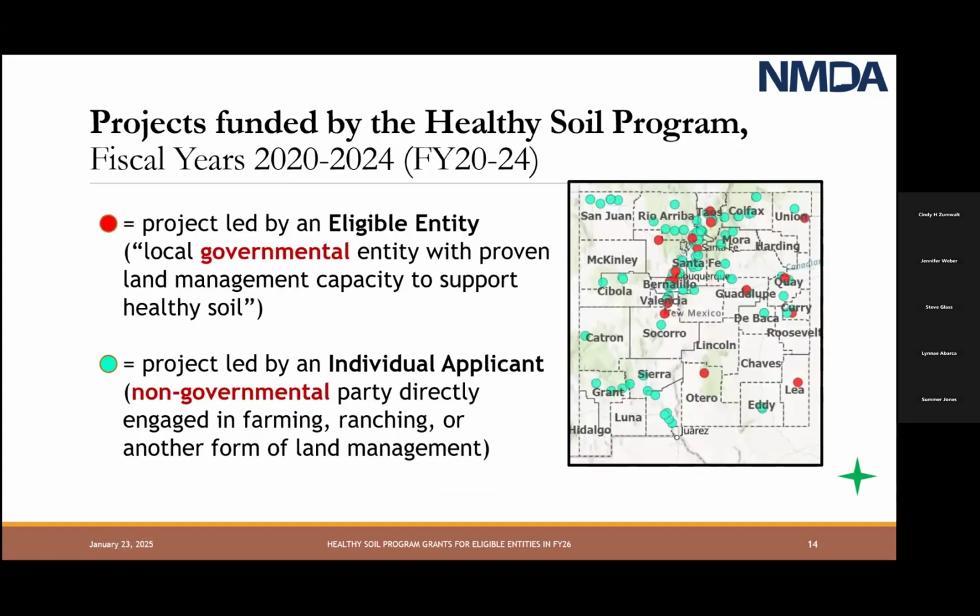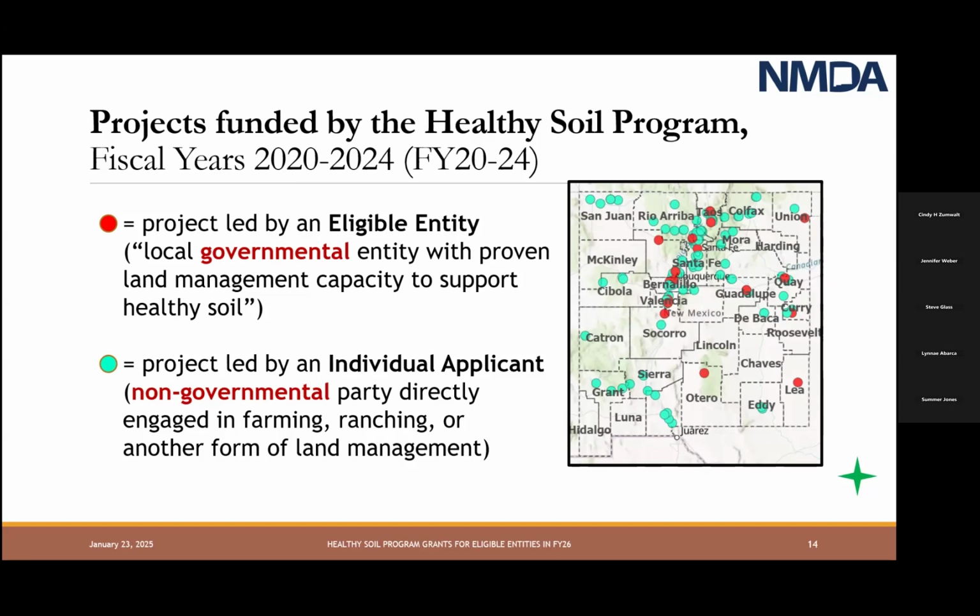Okay, so another way that you as an eligible entity can see what some of the projects have been done across the state. We now have an interactive map on the NMDA Healthy Soil Program webpage. This includes all projects from 2020 to 2024. You'll notice the red dots are the eligible entity type projects.